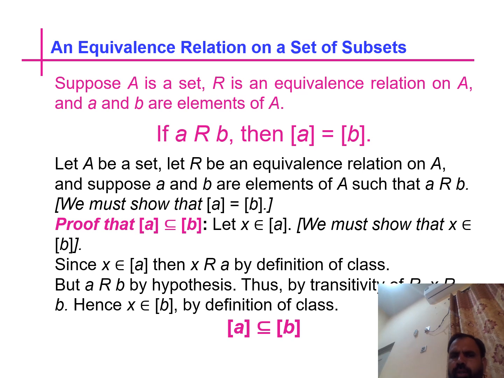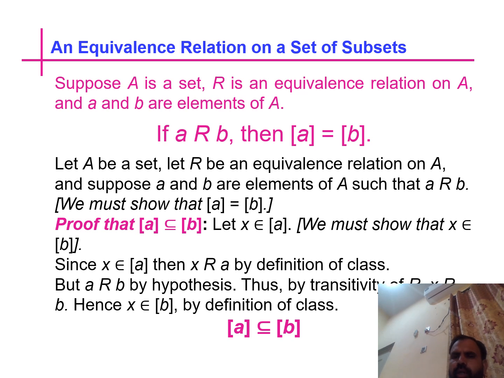Prove that the class of a is a subset of the class of b. Let x belong to the class of a, and we must show that x belongs to the class of b. Since x belongs to the class of a, x is related to a by definition of the class, but a is related to b by hypothesis.